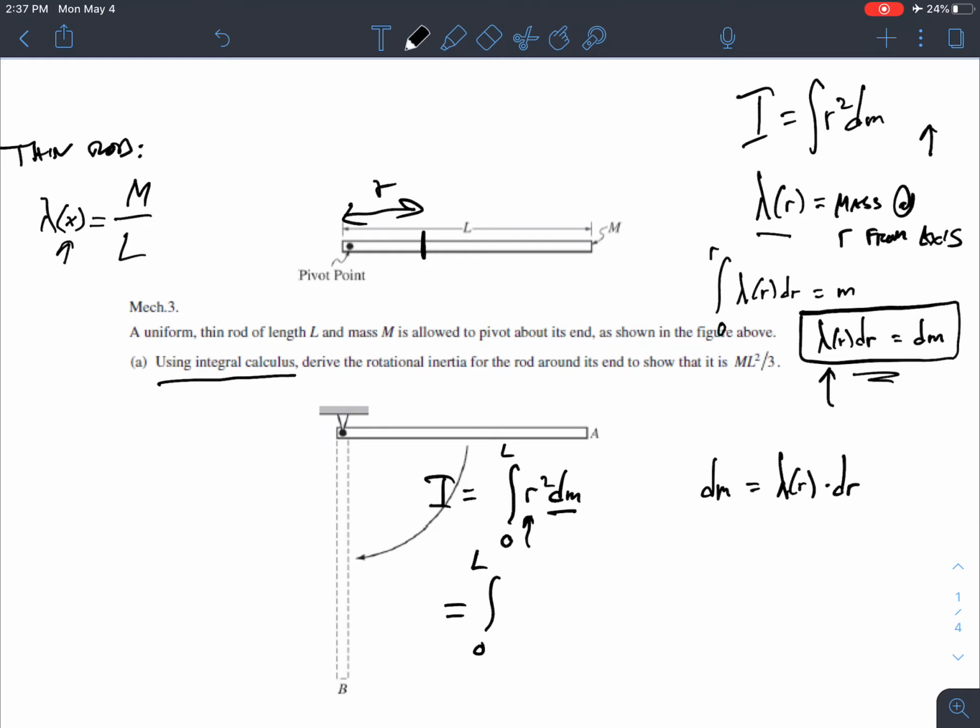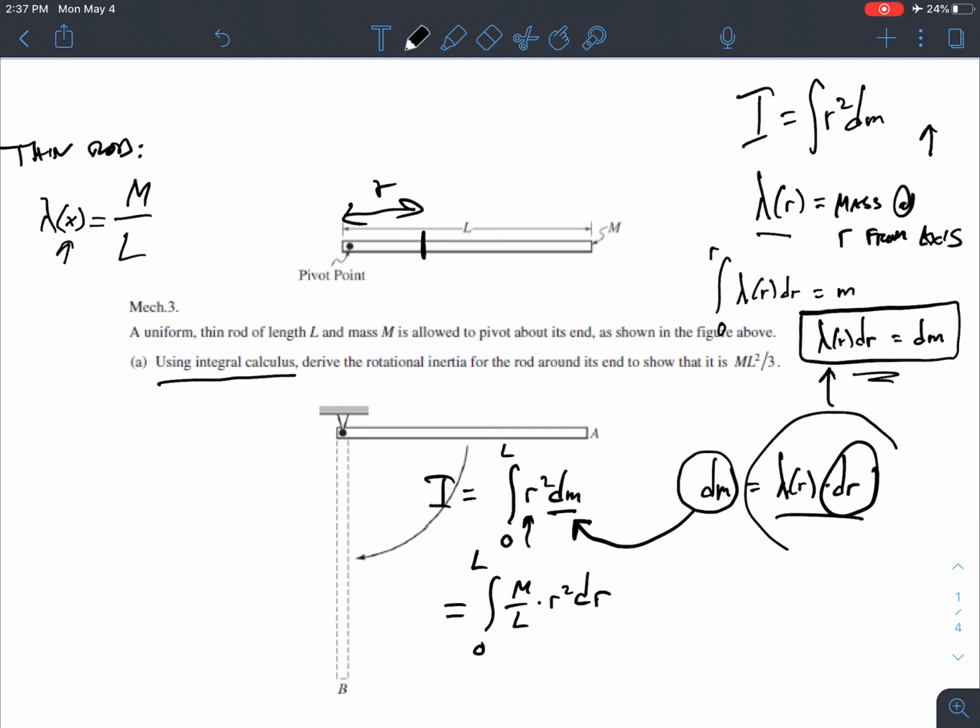So I need to do the integral from 0 to L of this. What's the linear mass density of a rod? It's just m over L, times r squared. And now I've changed it to a dr. So that's the trick here. So what happened? I just made this substitution. It's very u-substitution-ish, what we're doing here.